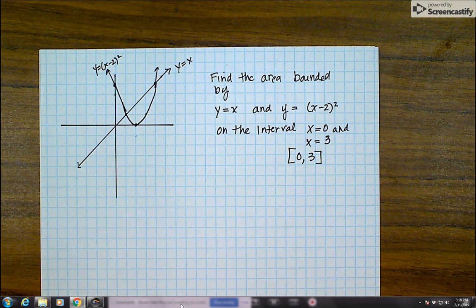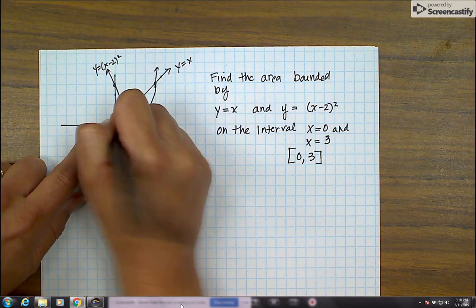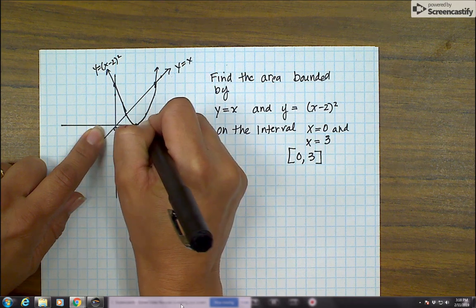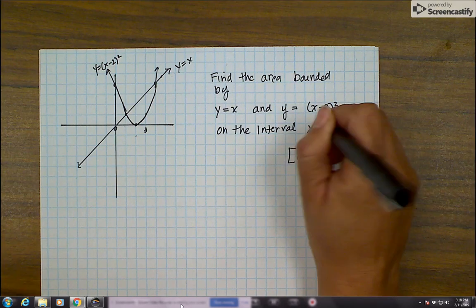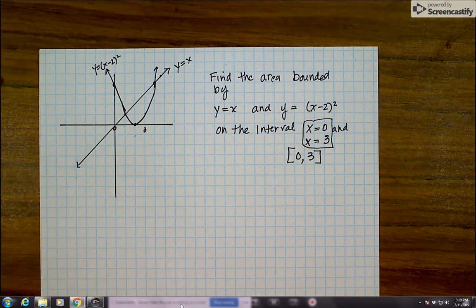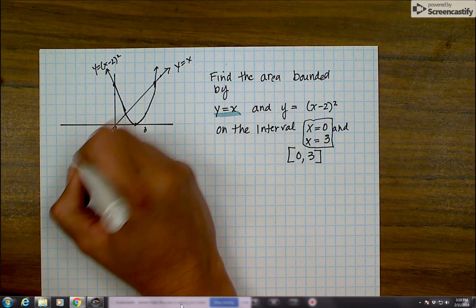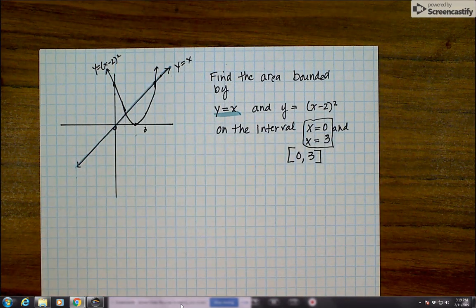Okay? And we're looking at the interval of 0 to 3. So here is 0 and 1, 2, 3. So we're looking at that interval. That is another way of saying these lines right here. Okay? So I'm going to go ahead and highlight with some colors the curves that we've just drawn.